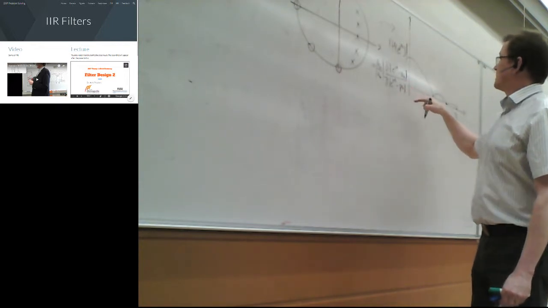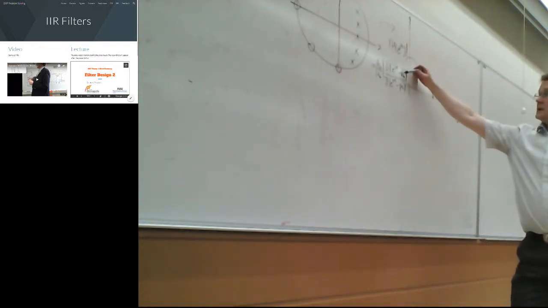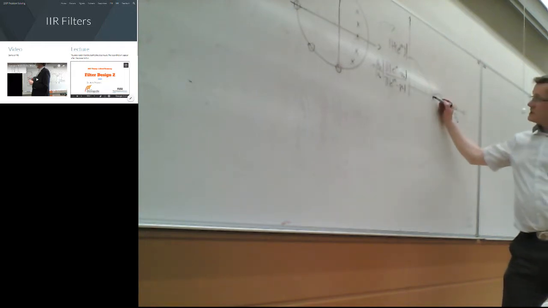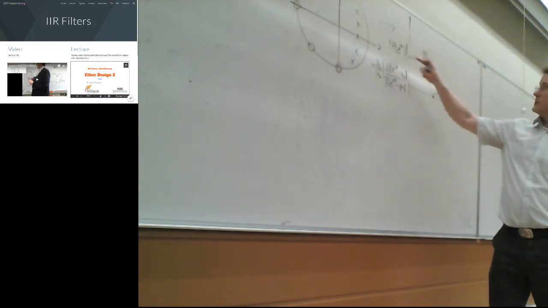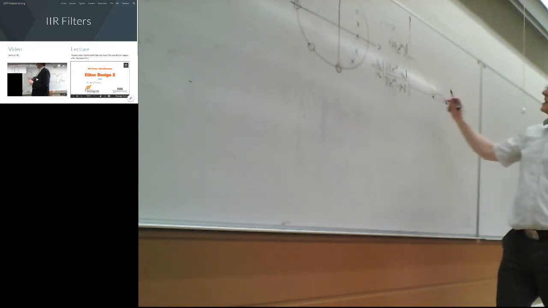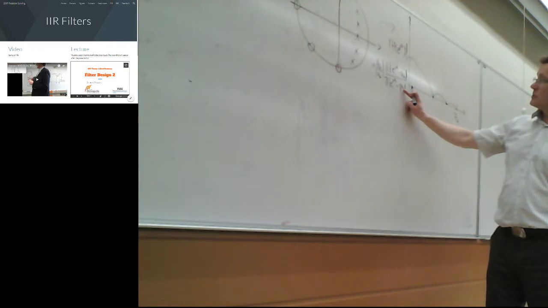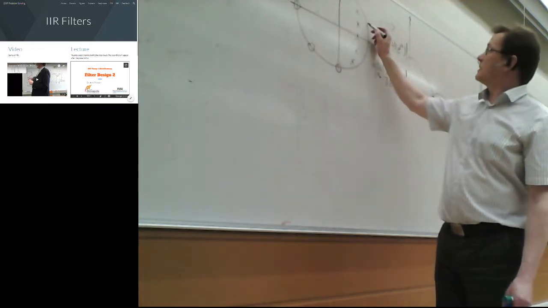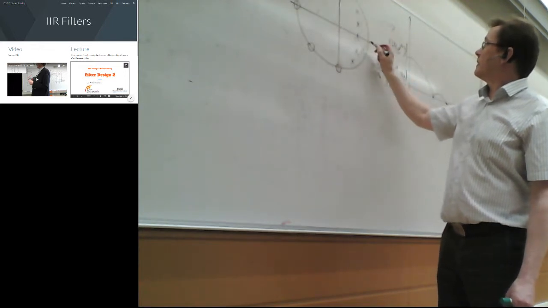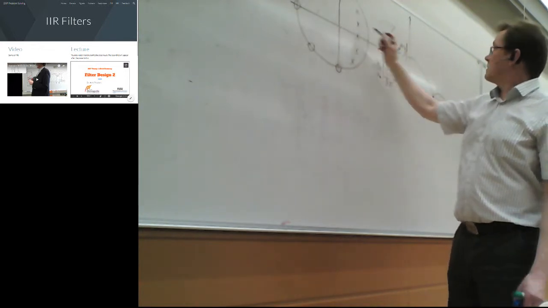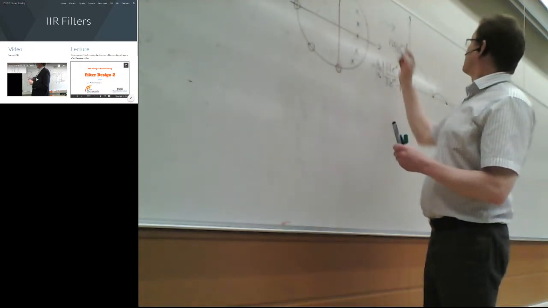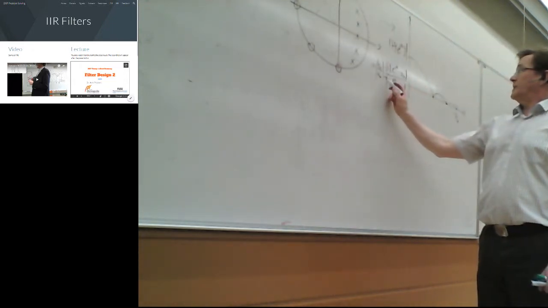Meaning that if you have a zero on the unit circle, then it gets zero amplitude response on those frequencies. But if you are close to a pole, for example in here or there or here, that would increase the gain, since the denominator would be less than 1.